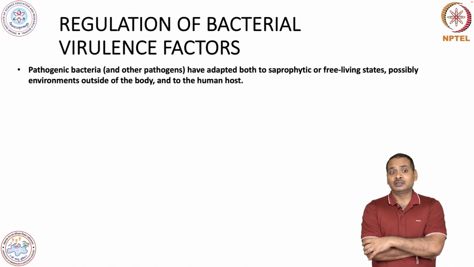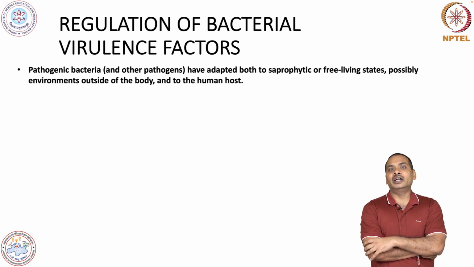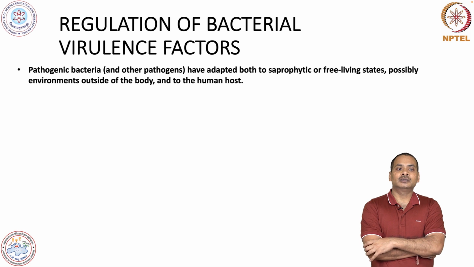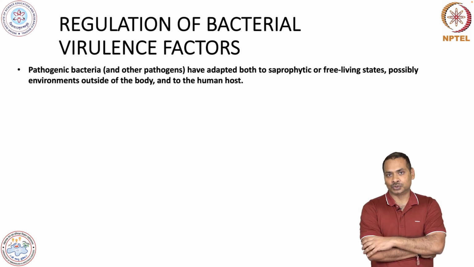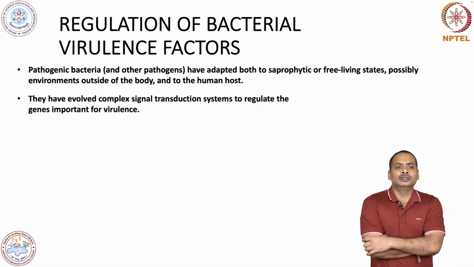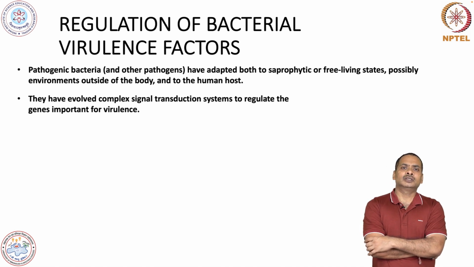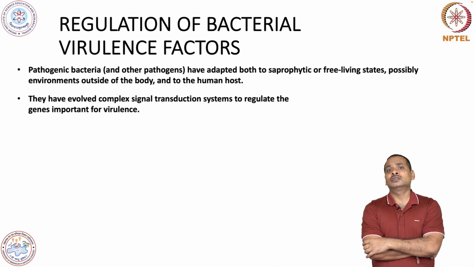As you know, pathogenic bacteria and other pathogens are adapted both to a saprophytic or free living state, possibly in the environment outside of the body, and to the human host. So they have evolved a very complex signaling system to regulate the genes important for virulence.